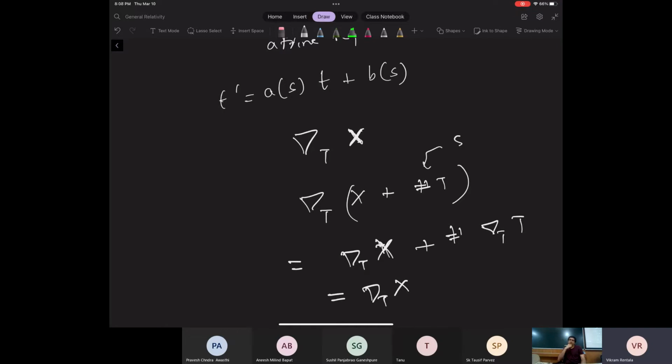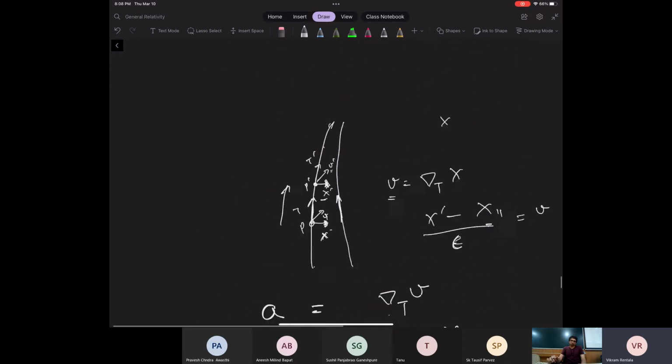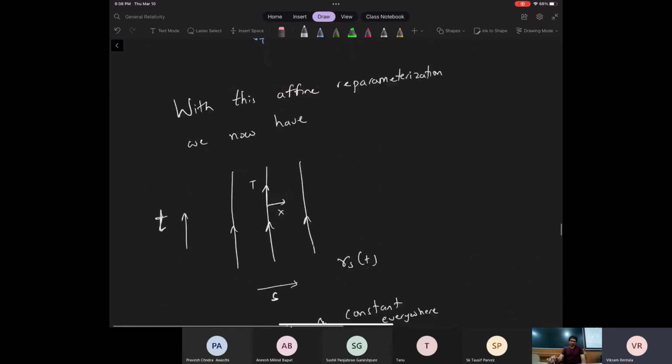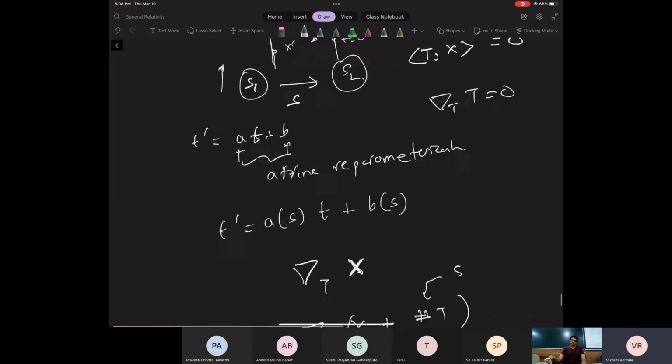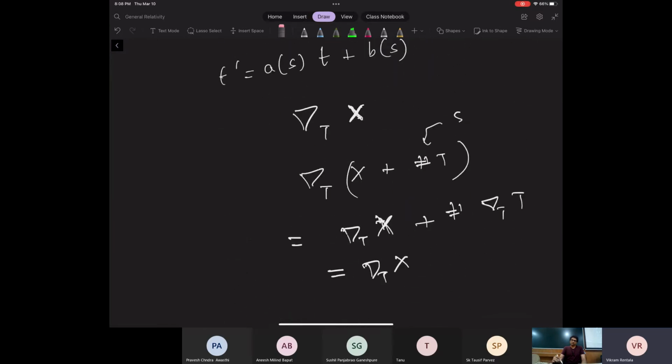I suppose under the affine reparameterization, the velocity deviation vector does not change. No, sorry, I have to do something else here. I have to change this t to t prime, but maybe that's a trivial change.